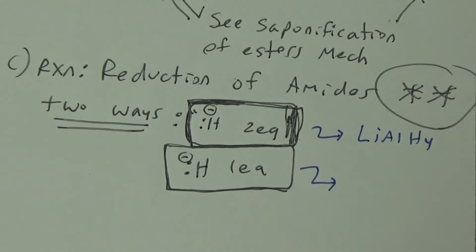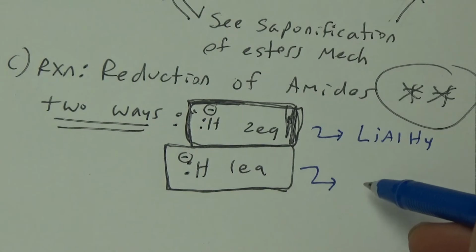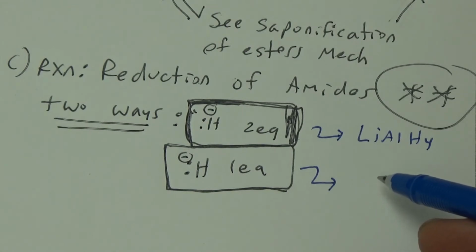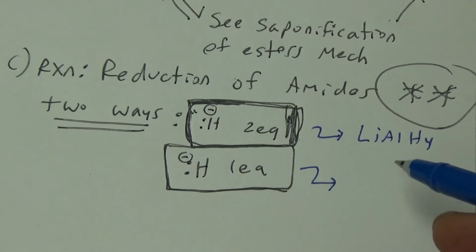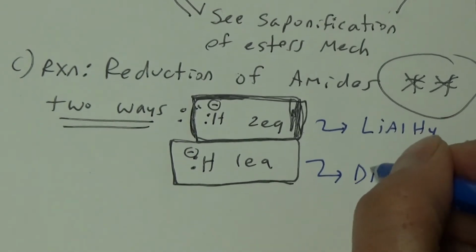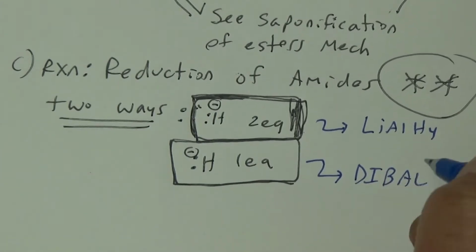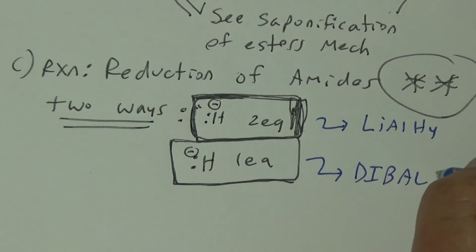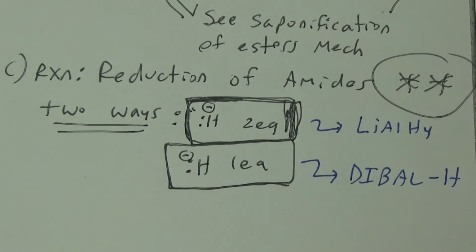And for H minus one equivalent, what was it for esters? It's the same thing for amides. It began with D. It was DIBAL-H, or DIBAH. We had all those names.